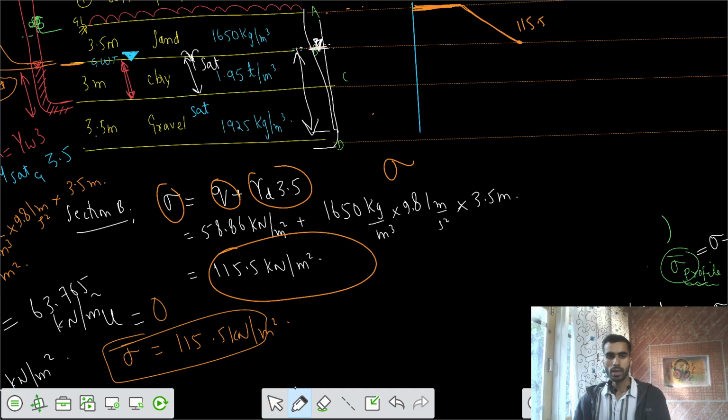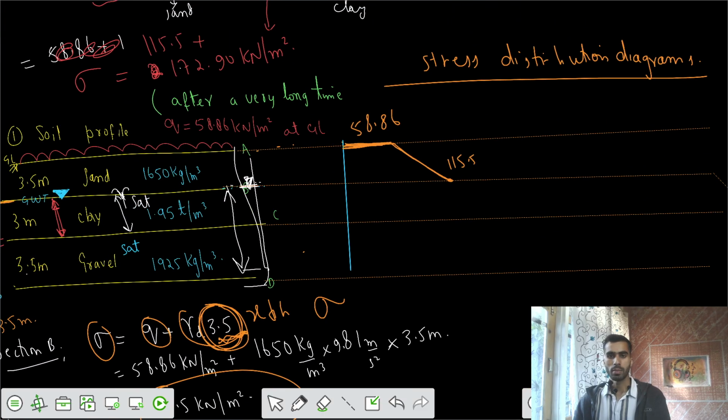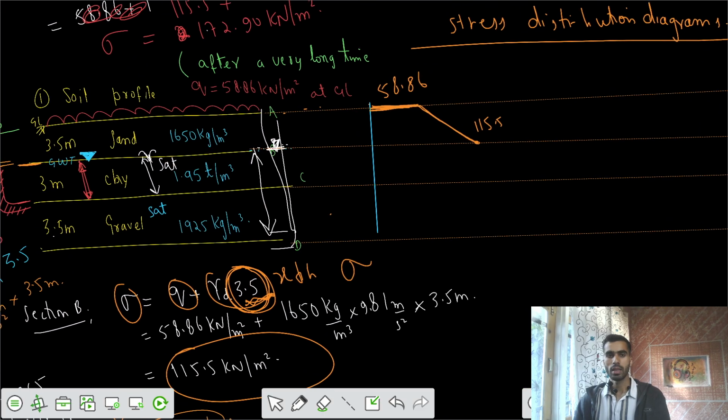Stress is a function of depth. As you increase the depth, that's the linear variation, a linear variation with elevation.